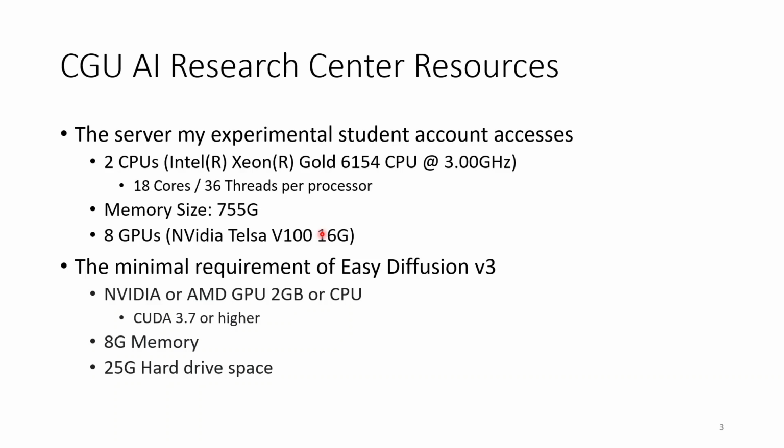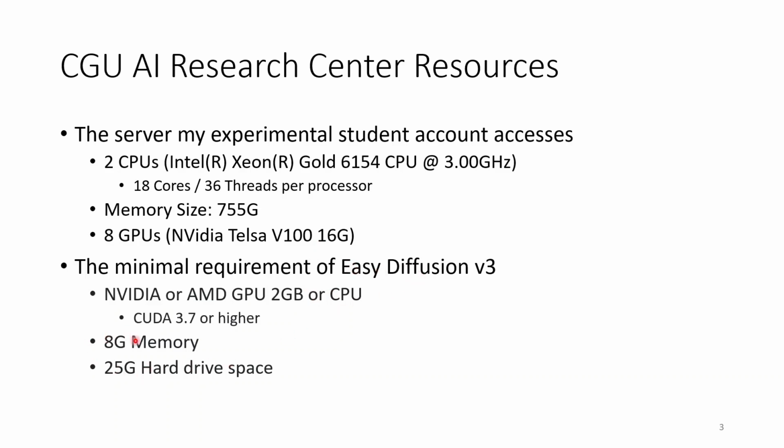Okay, so I checked the specs needed to run Easy Diffusion v3. Easy Diffusion is the tool I recommend you use because it's very easy to install. It requires at least 2 gigabytes of GPU memory, and because our server provides GPUs with 16 gigabytes, it's sufficient to run Easy Diffusion 3.